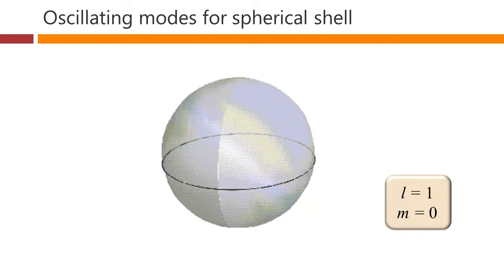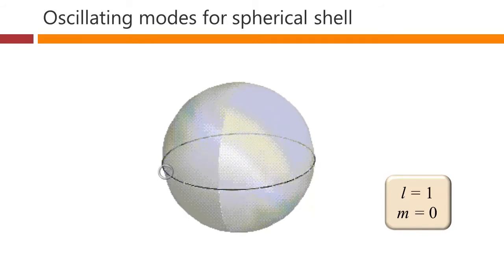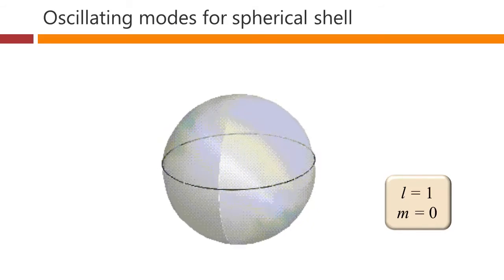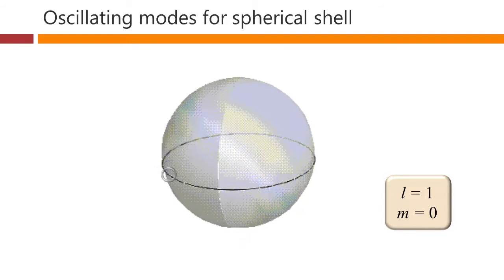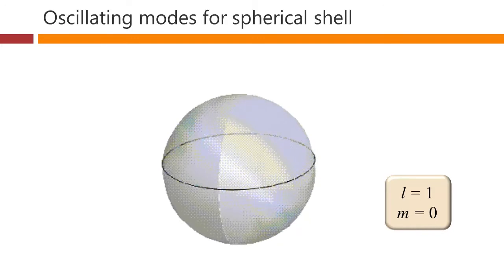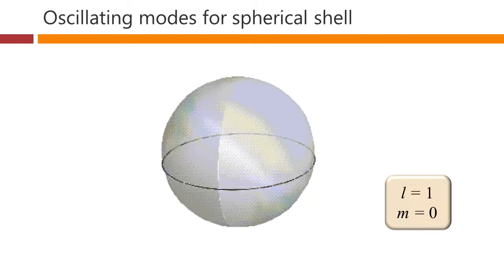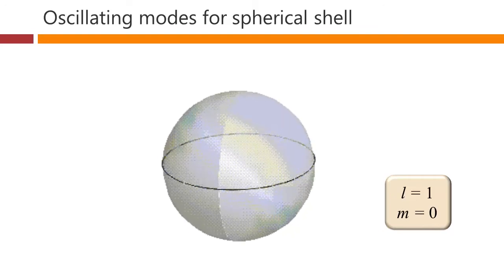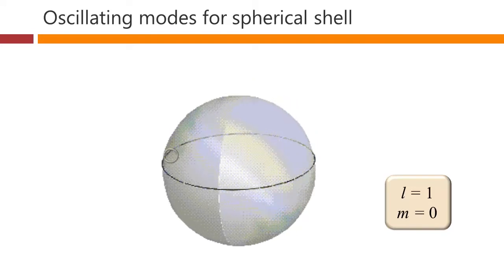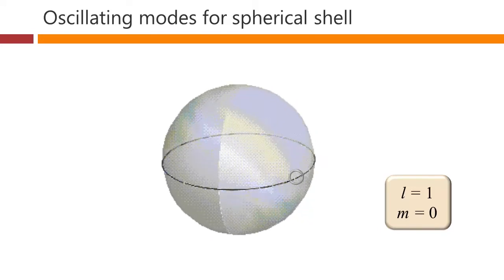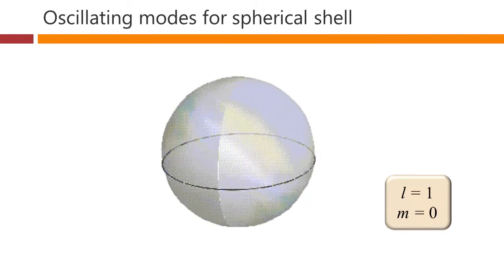Now, I've indicated here a circle that goes round the middle of this sphere. It's not that this sphere is sliding up and down in here. It's really more like a balloon in which this circle is drawn on the surface of the balloon and it's staying fixed. And we're merely moving air, as it were, up and down inside the balloon. That would be one way to think about it. Now, this circle here is then a circle on which the amplitude of oscillation is 0.